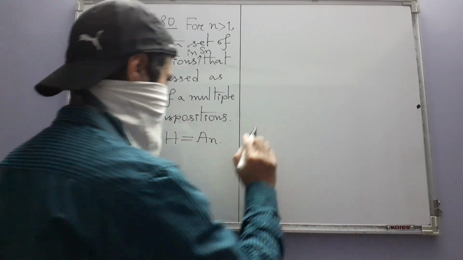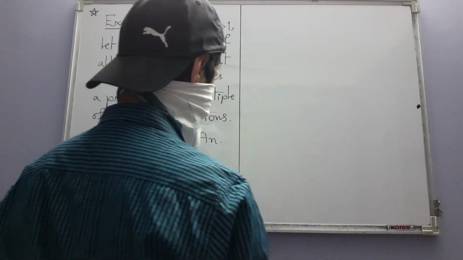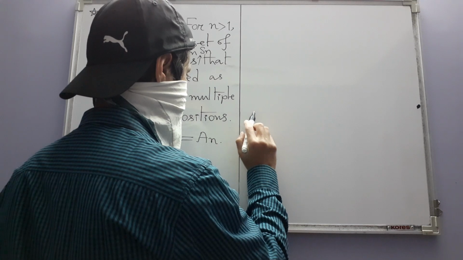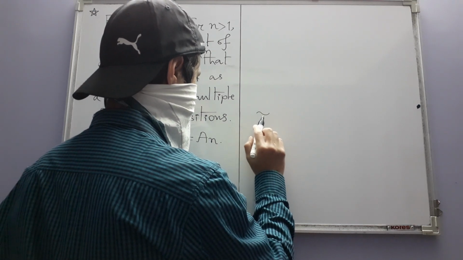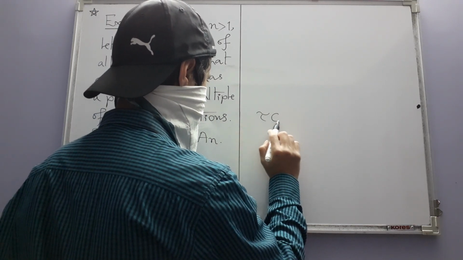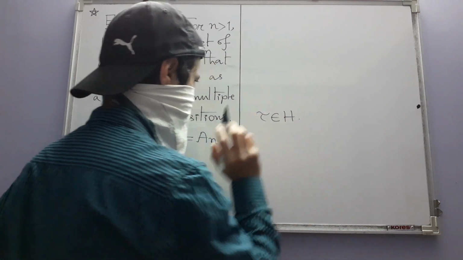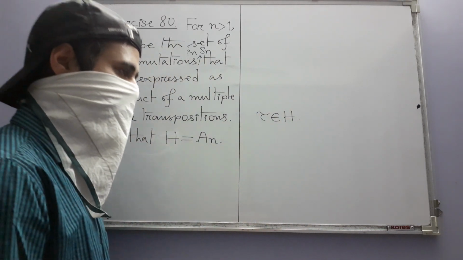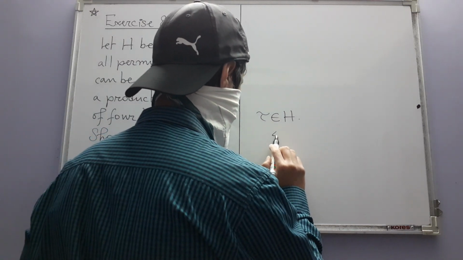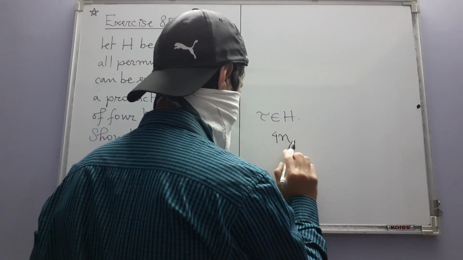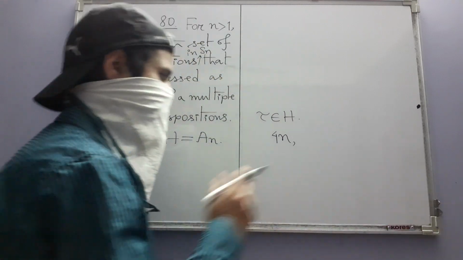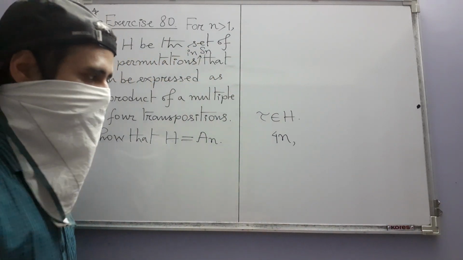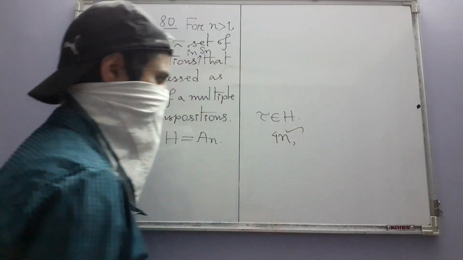but what the author is trying to say is this: if you consider any arbitrary element, say tau in H, then tau can be expressed as a product of 4n transpositions, where n is some positive integer.